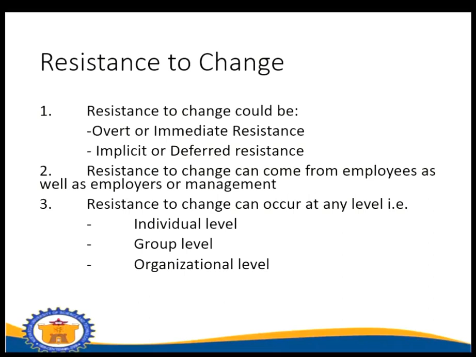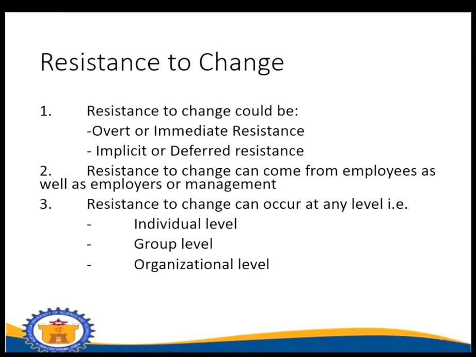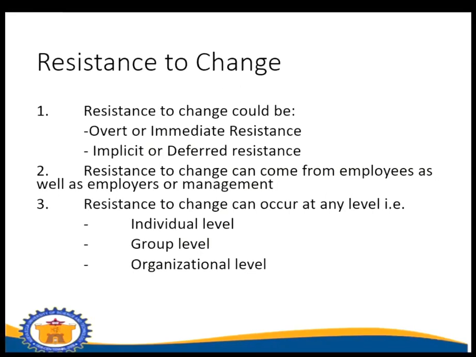Number two, resistance to change can come from employees as well as employers or management. Number three, resistance to change can occur at any level, for example, individual level, group level, or organizational level.